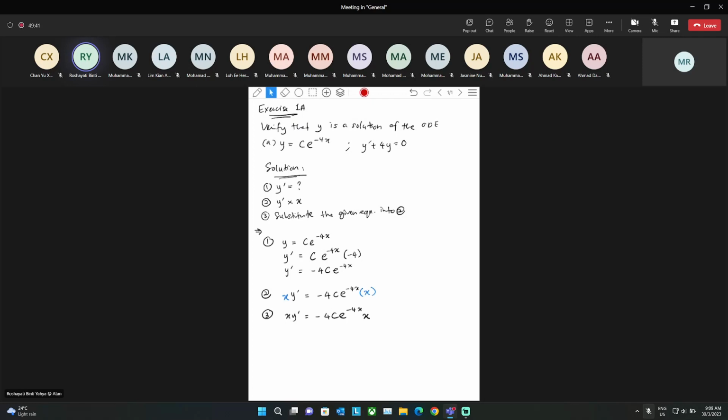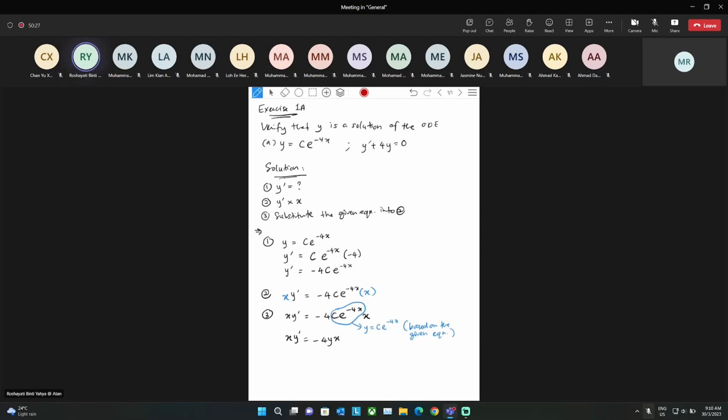Based on the equation here, C exponential negative 4x is equal to y, since y equal to Ce to the power of negative 4x, based on the given equation. So xy prime equal to negative 4yx.